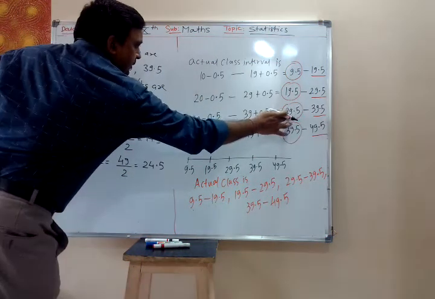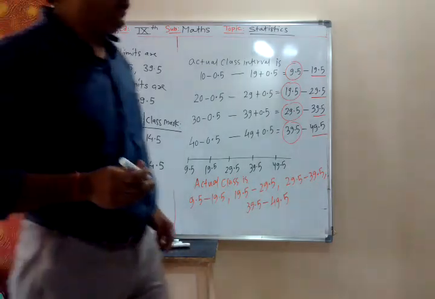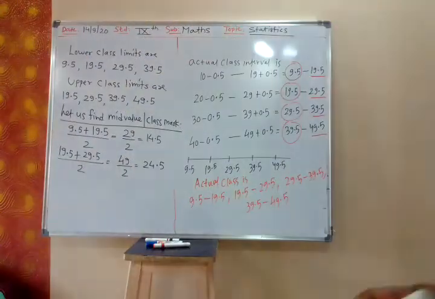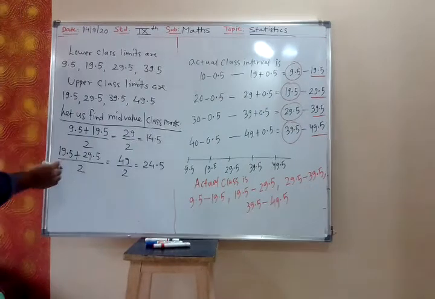Next, lower limit plus upper limit, 29.5 plus 39.5. Lower limit plus upper limit, divide this total by 2.